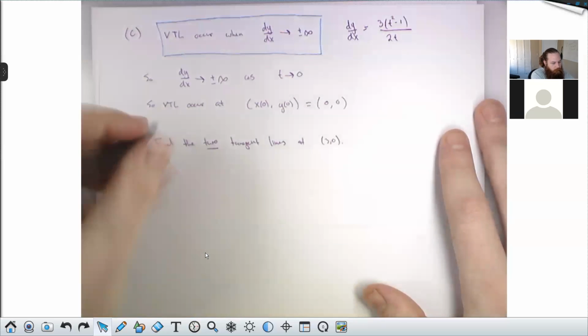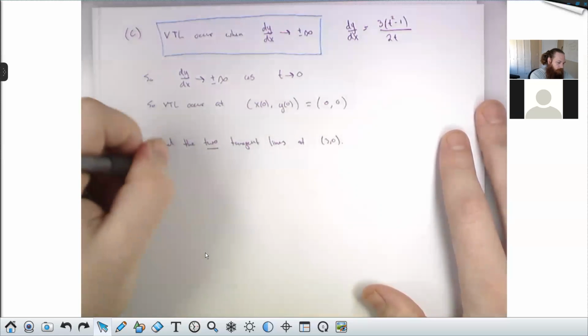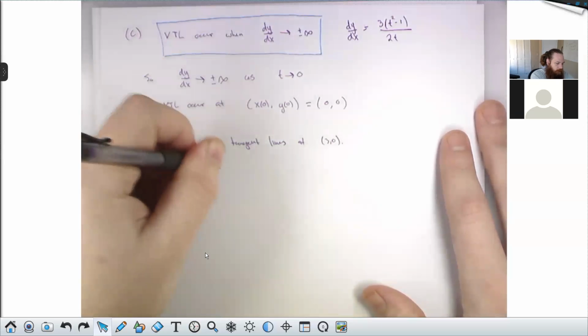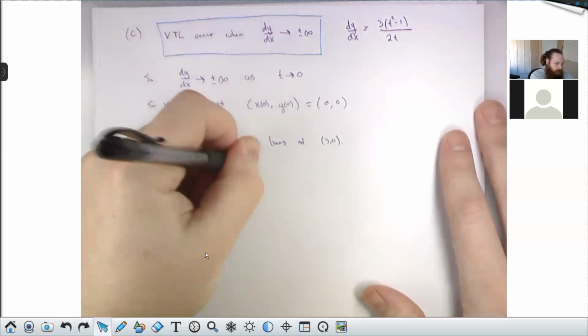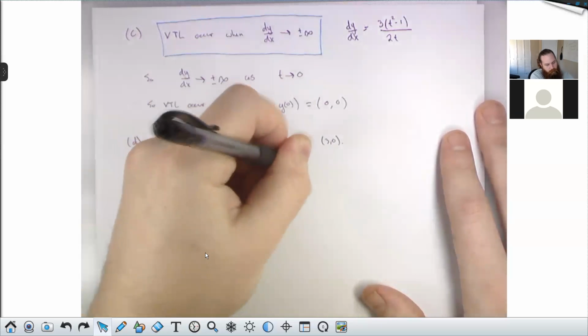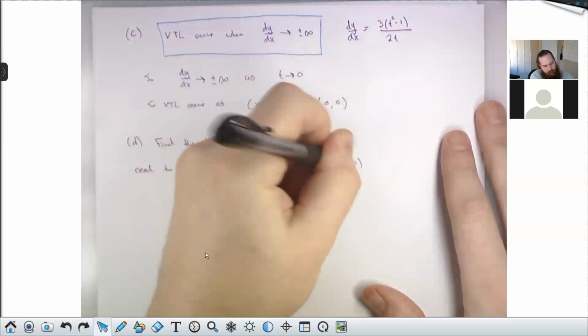To do this, we need to figure out the t values associated with the point 3, 0.